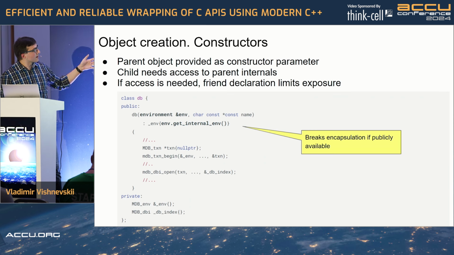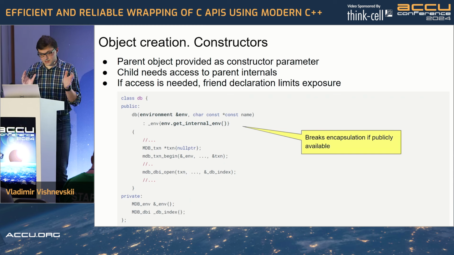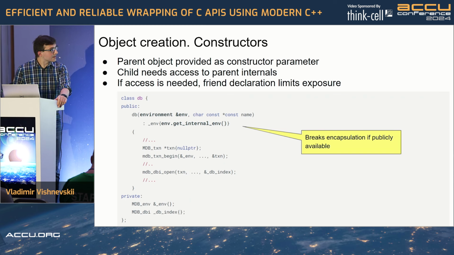For example, we need to have this low-level object from the C API to use it for the creation of our database. Another alternative would be to declare friendship. Friendship is probably better, because it still limits the exposure. In some cases, it is necessary.